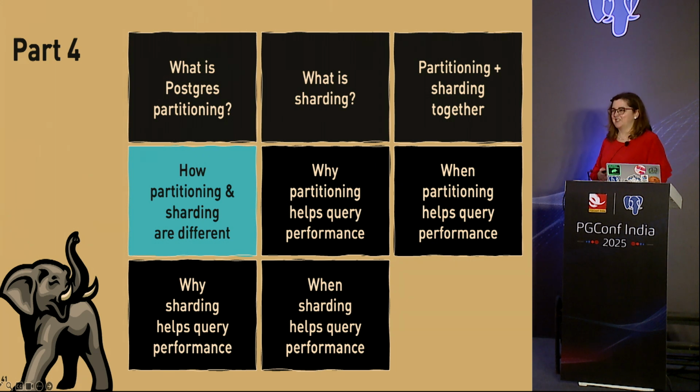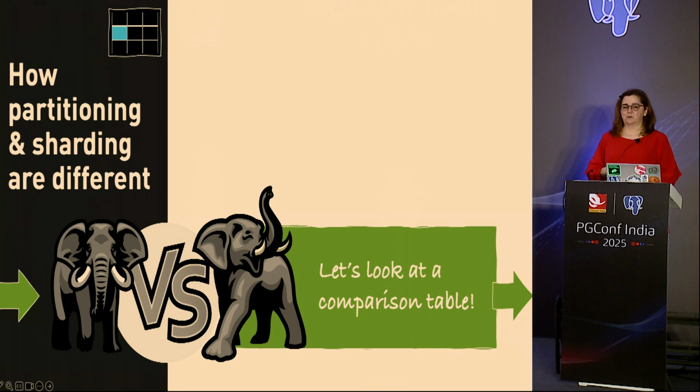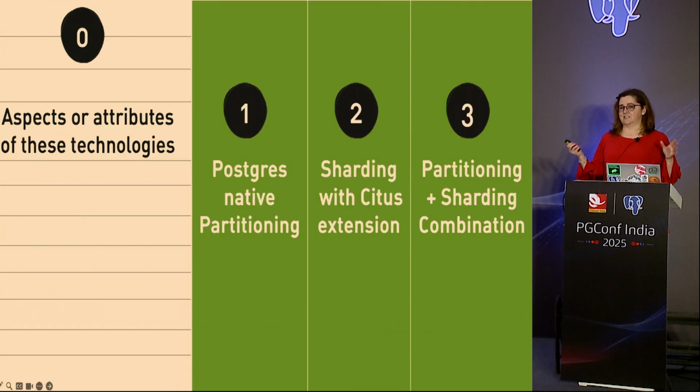Now, let's do the comparison of how partitioning and sharding are different. I'm going to use this comparison table. On the left-hand side, I'll itemize all the different aspects and attributes that people I talked to thought were interesting and thought should make it into this table. Then we'll have 3 columns.